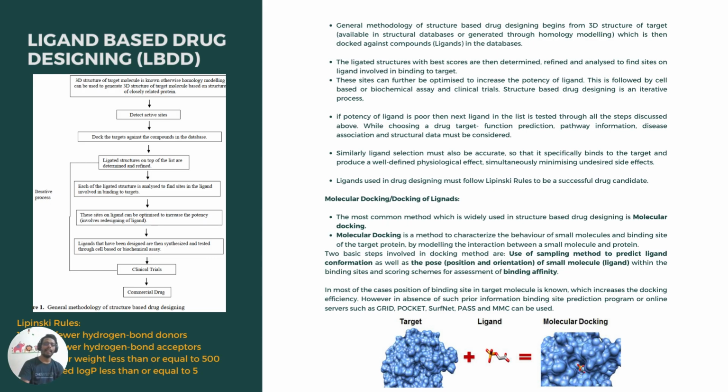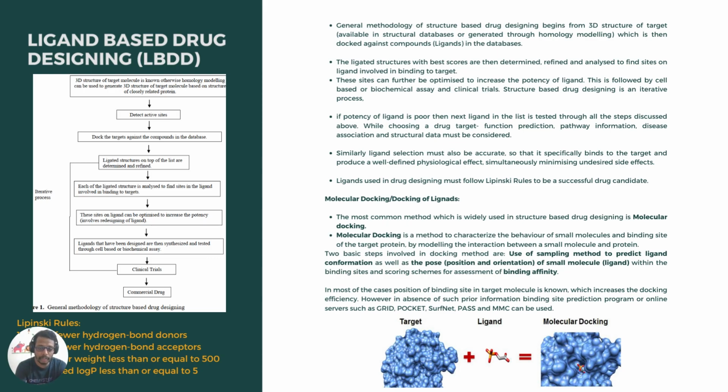Log P is a specific ratio, a partition coefficient. This log P value should be either equal to 5 or less than 5. So these are the four important rules that should be obeyed.